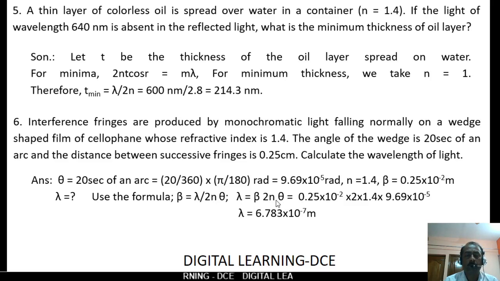This is equal to 0.25 into 10 raised to minus 2 into 2 into n, refractive index 1.4, into theta, 9.69 into 10 raised to minus 5 radian. On further calculation you get lambda. The wavelength of light is 6.783 into 10 to the power of minus 7 meter.